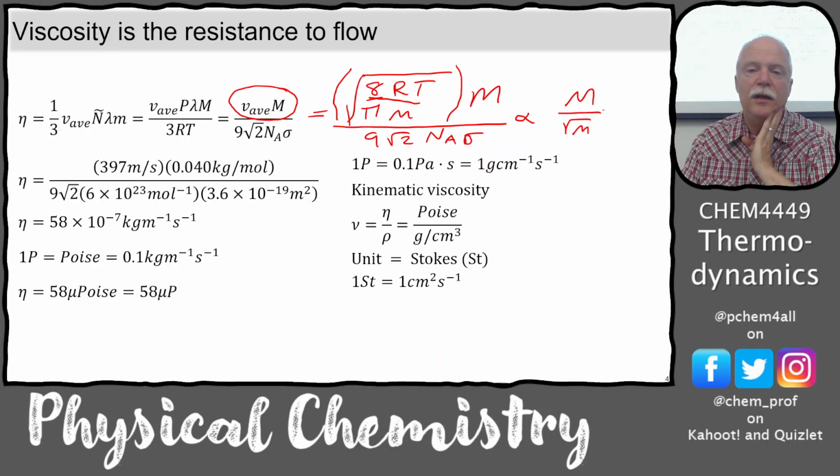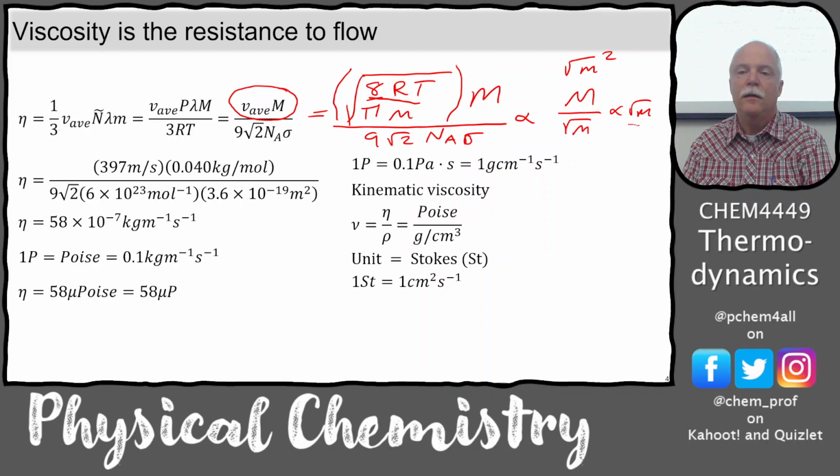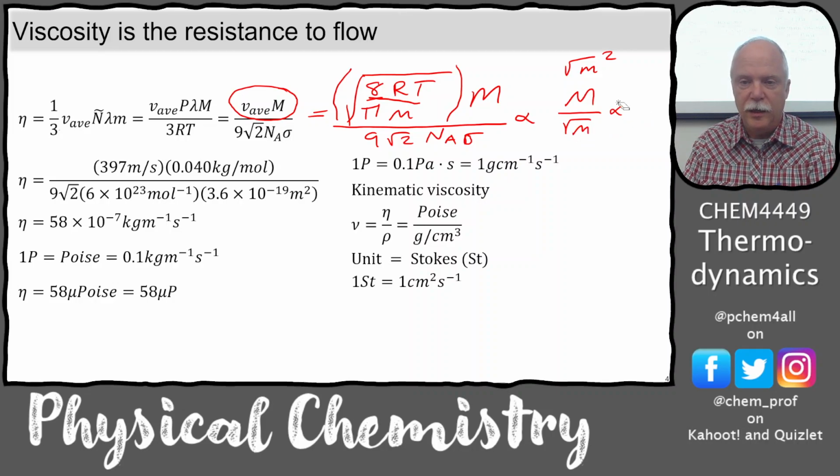How would that cancel? Well, this one is the square root of mass squared, right on top, and so it's proportional to the square root of mass. It's not very well written, but you understand what I'm saying. So let me clean it up a little bit. So viscosity is proportional to the square root of mass.